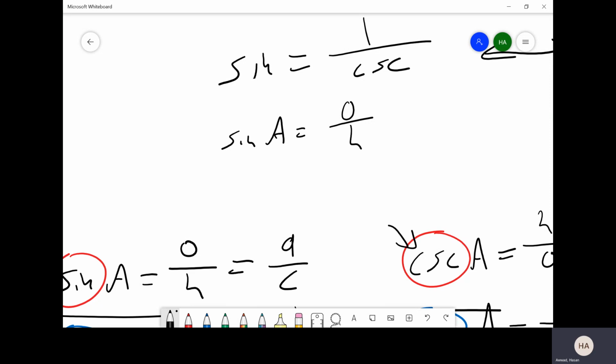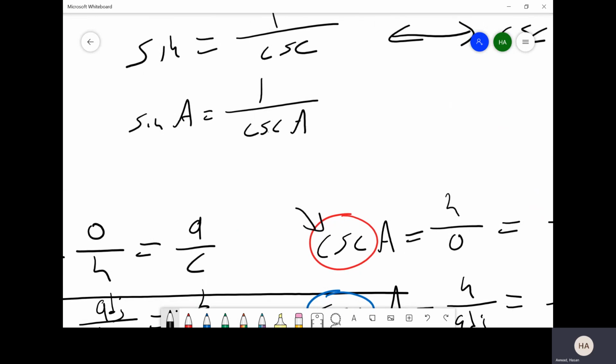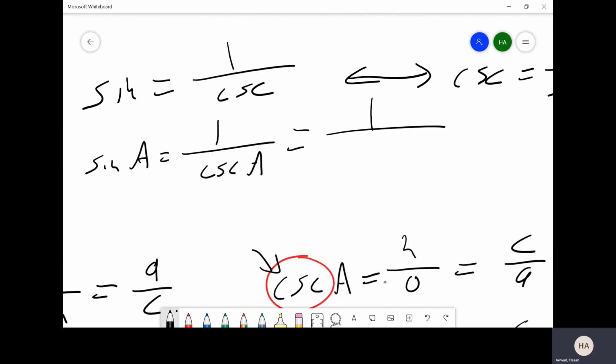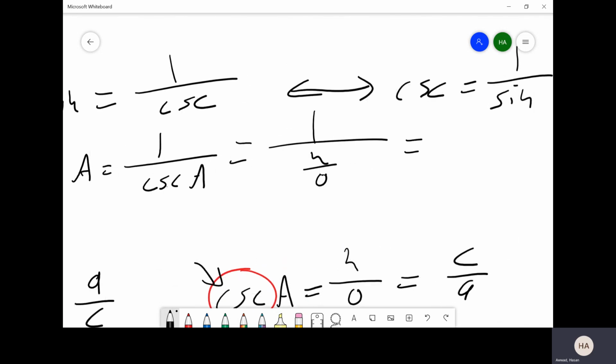But sine of A is in reality 1 over the cosecant of A. So 1 over cosecant of A, as we just described, is hypotenuse over opposite. So this really becomes 1 over hypotenuse over opposite. And when you use keep, change, flip here, again, this is a complex fraction, you get what we originally started with, which is opposite over hypotenuse. And you can do the exact same thing to derive what cosecant is.